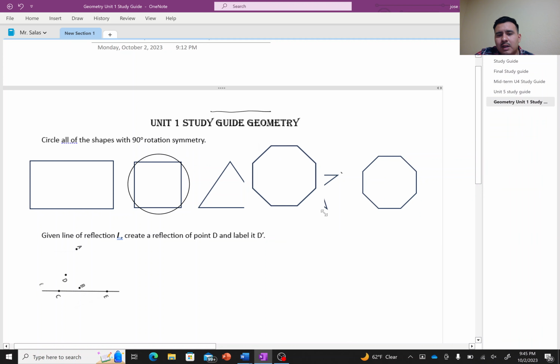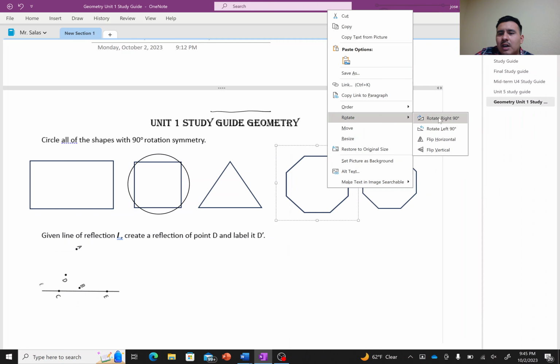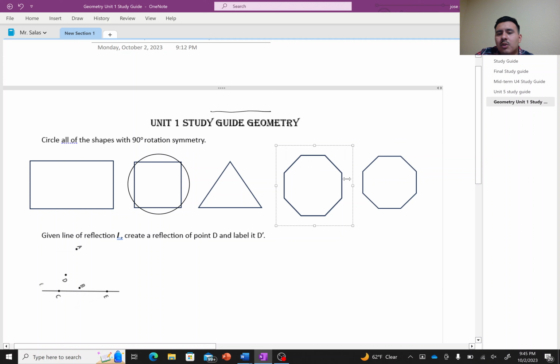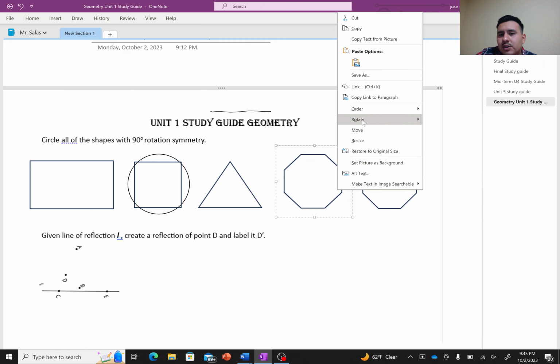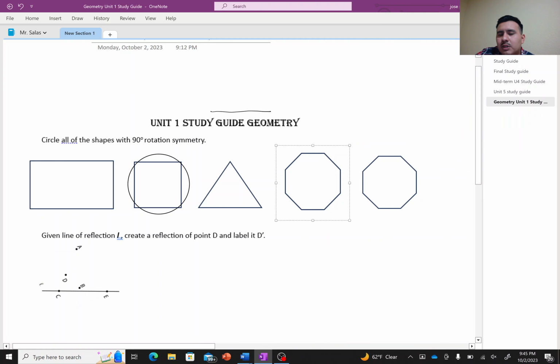If I take this octagon and rotate it 90 degrees, will the octagon still look the same? Let me fix it up a little bit, because it didn't look good. Let's rotate it again so you can see. If I rotate it again, this half will look identical to this half. So an octagon does have 90-degree symmetry.